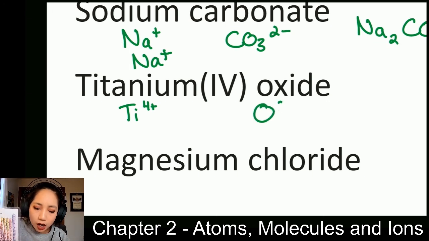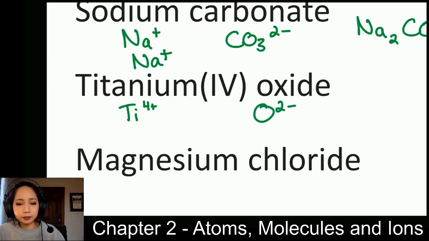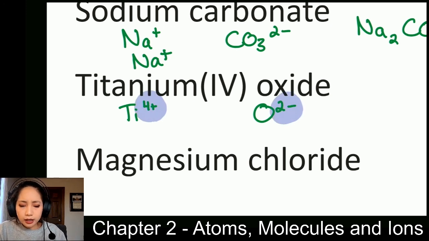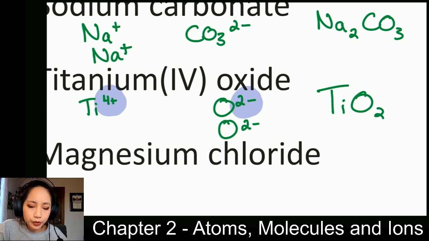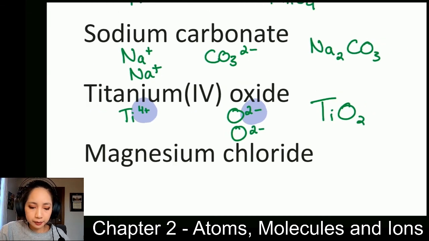So oxide is O2-. Okay, so let's think about how does +4 and -2 combine. So in my mind, I think, okay, I need 2 oxygen anions to cancel out that charge. So titanium(IV) oxide will have the formula TiO2, because 2 minuses will give me an overall 4 minus and cancel out with that 4 plus.